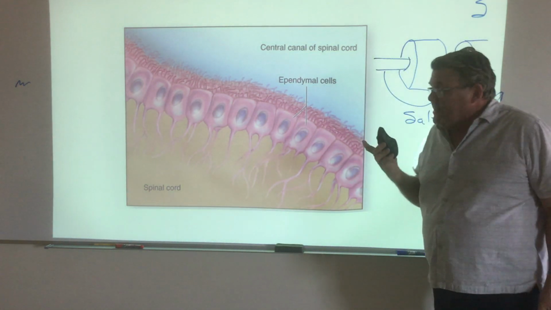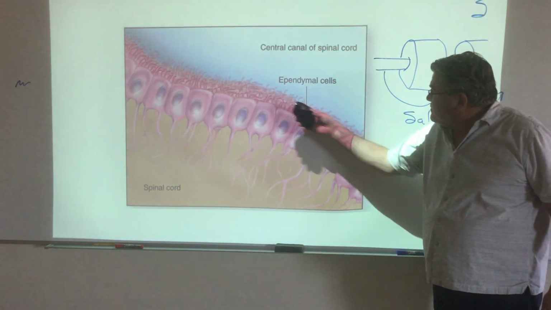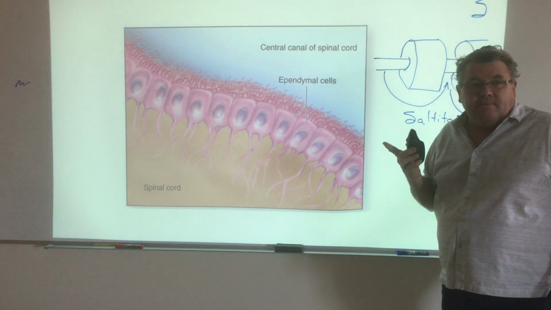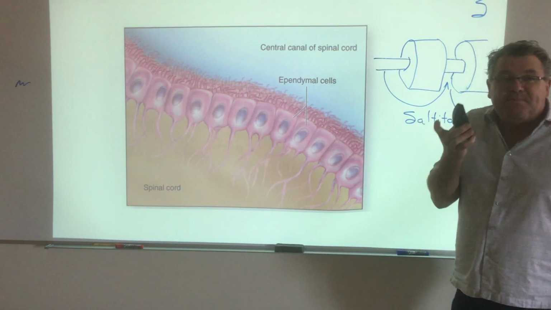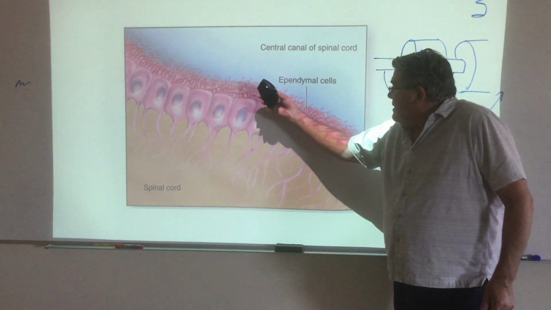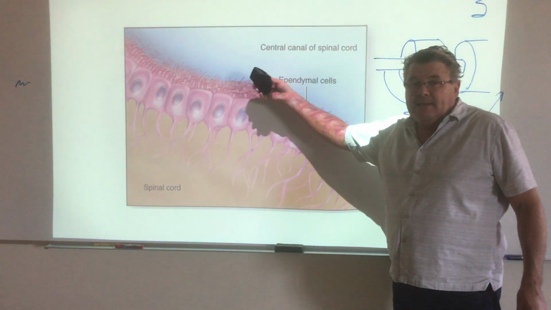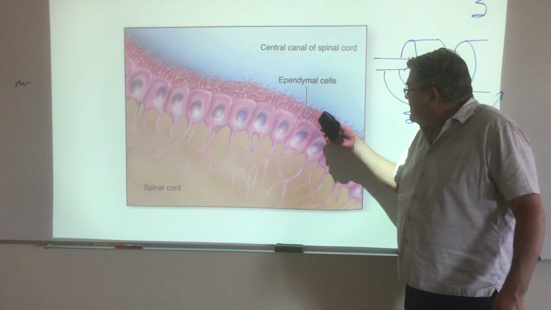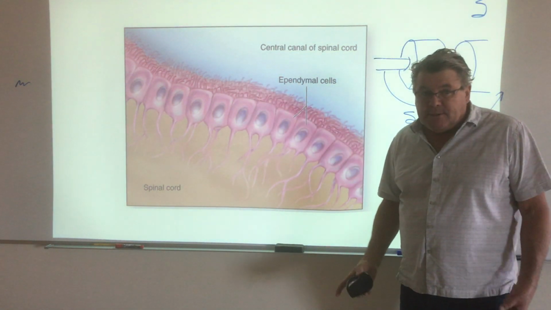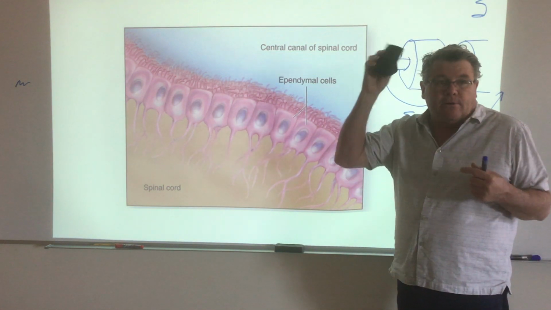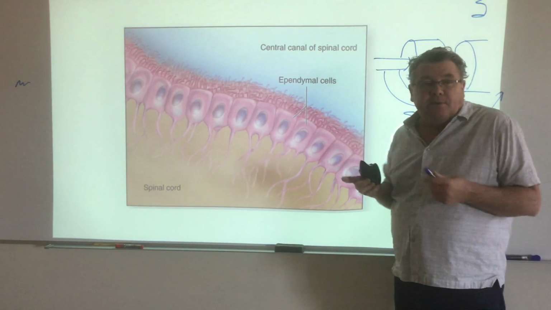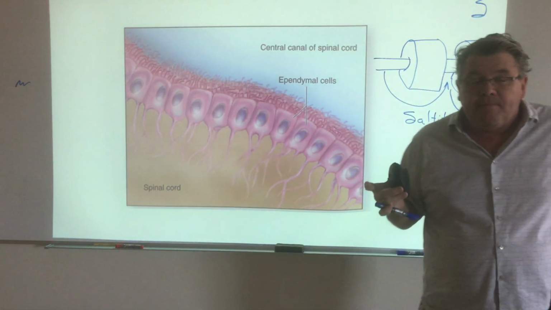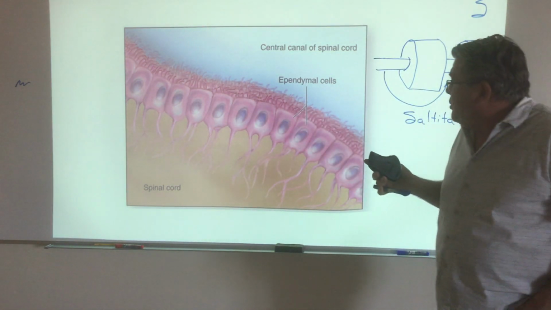And you might wonder, well, how does it do that? These cilia. So CSF, cerebral spinal fluid, would just sit there and stagnate. But these little cilia move it down the spinal cord, up the spinal cord, around the brain, and back down. So to keep those neurons and all the other cells healthy, it's kind of an important cell.